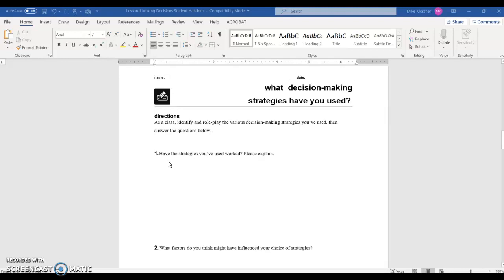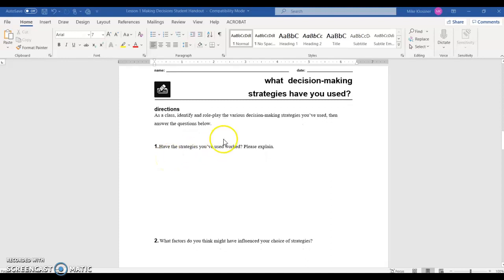All right, so for this next page, it says, what decision-making strategies have you used? You're going to identify, and this would be something that we would have done with different scenarios in the classroom. But in this case, since we're not together, I just want you to go off of what you used in the section above.